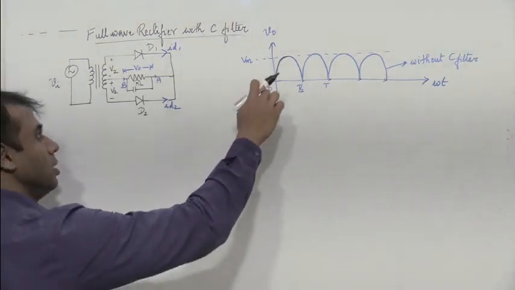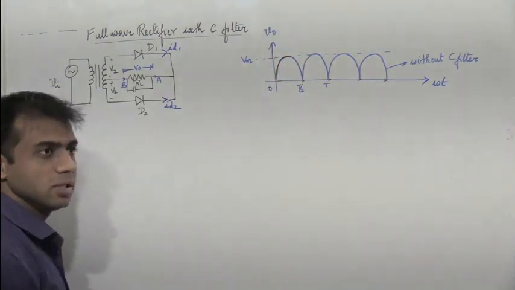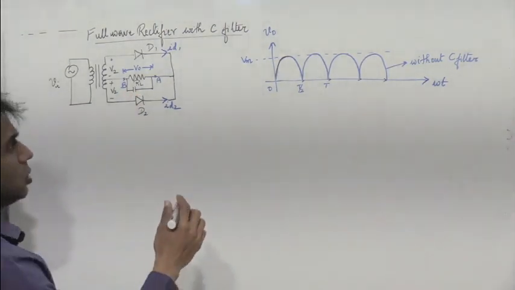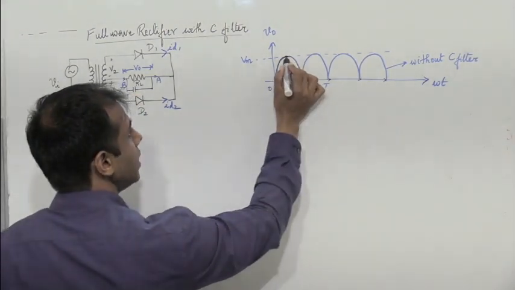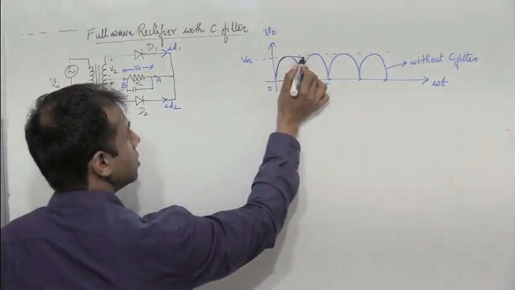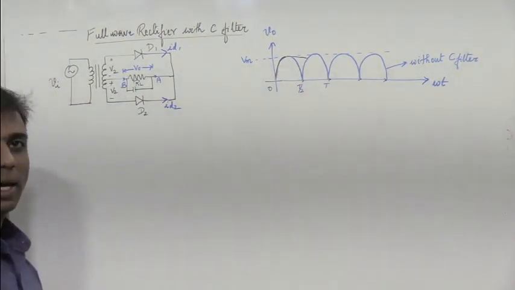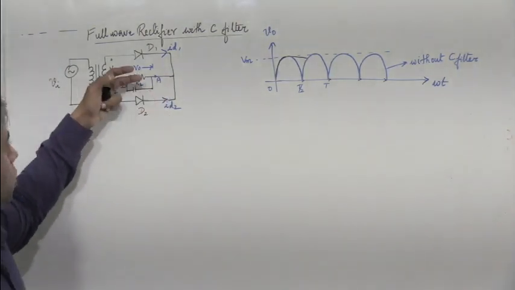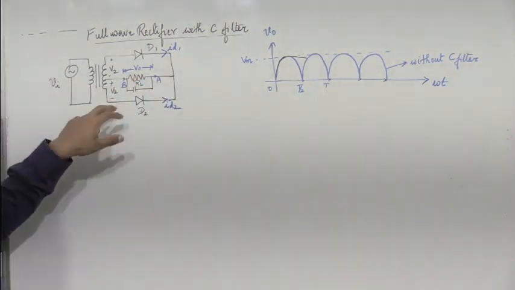Right? But when the output voltage reduces, the voltage across the capacitor is held, right? So the capacitor discharges very slowly.